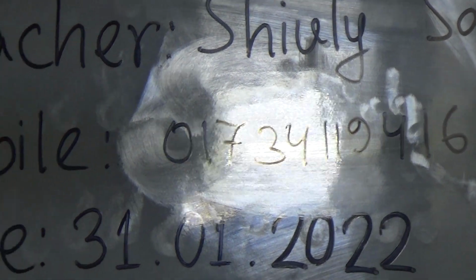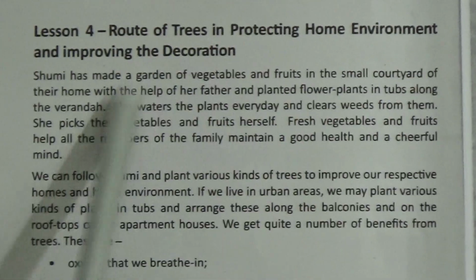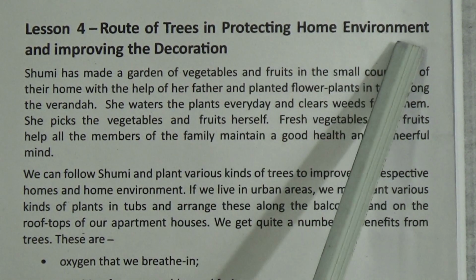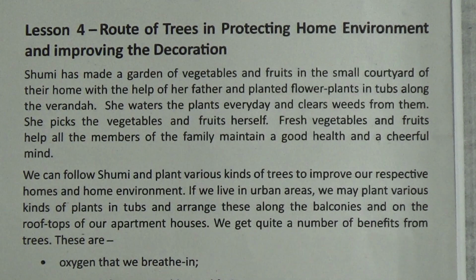Now, let's get started. Lesson 4, role of trees in protecting the home environment and improving the decoration. In this lesson we learn how we can protect our home environment and how we can improve the decoration of our home.